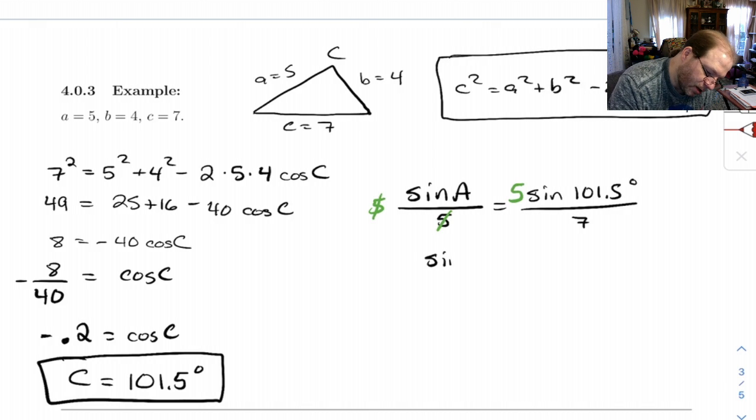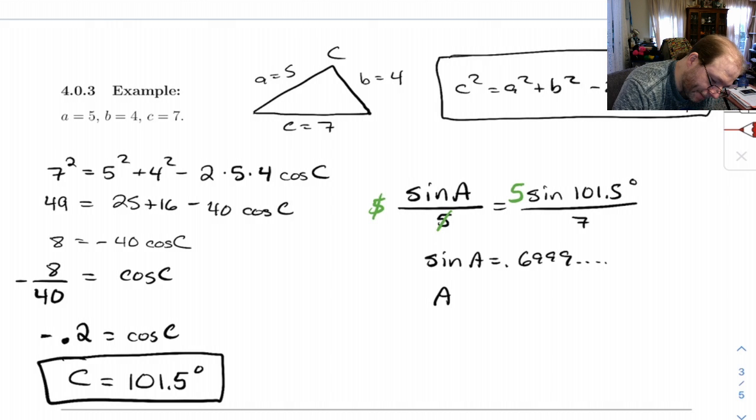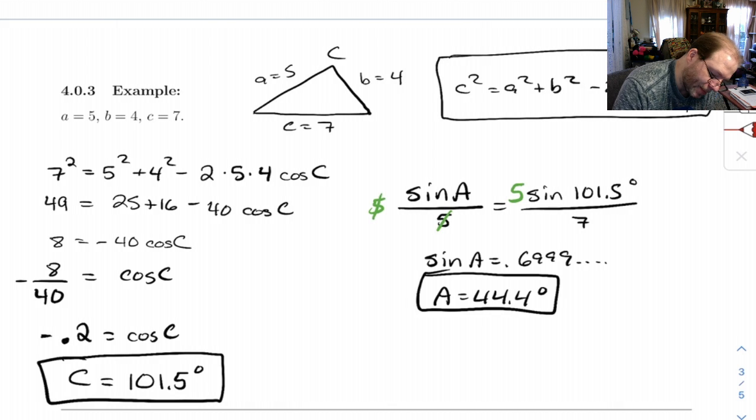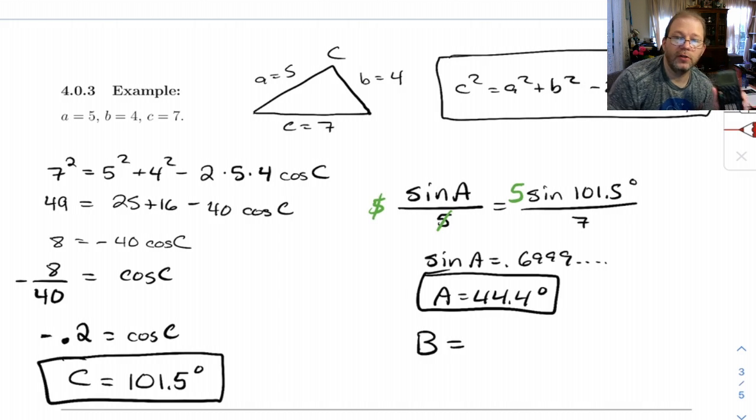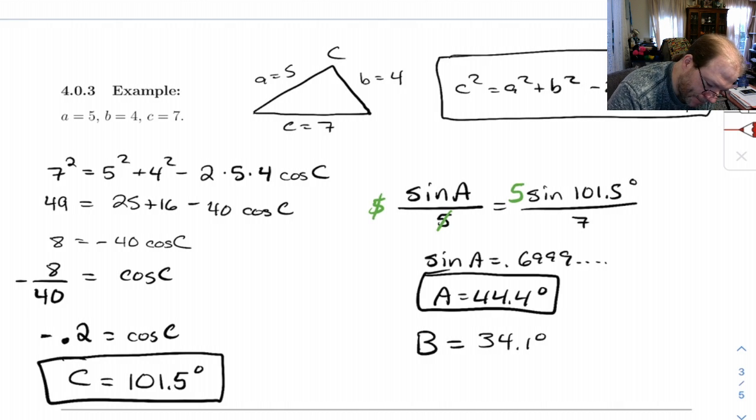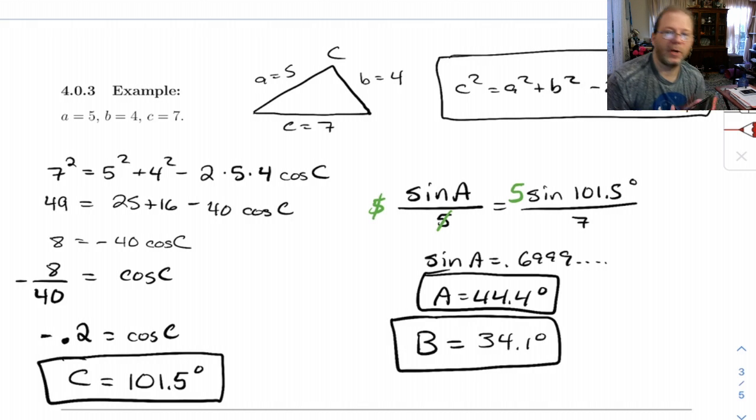So I get sine A equals 0.6999. If I take the inverse sine of that, I get 44.4. And so then angle B is going to be 180 minus 101.5 minus 44.4, which is 34.1. All right, so that's my answer there.